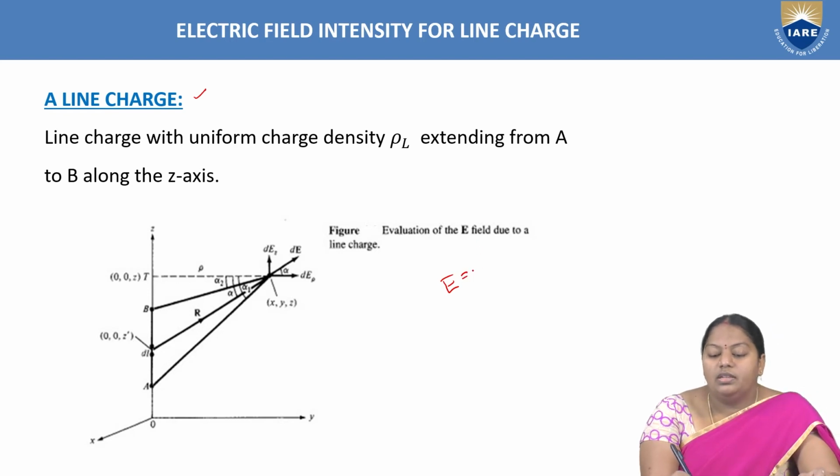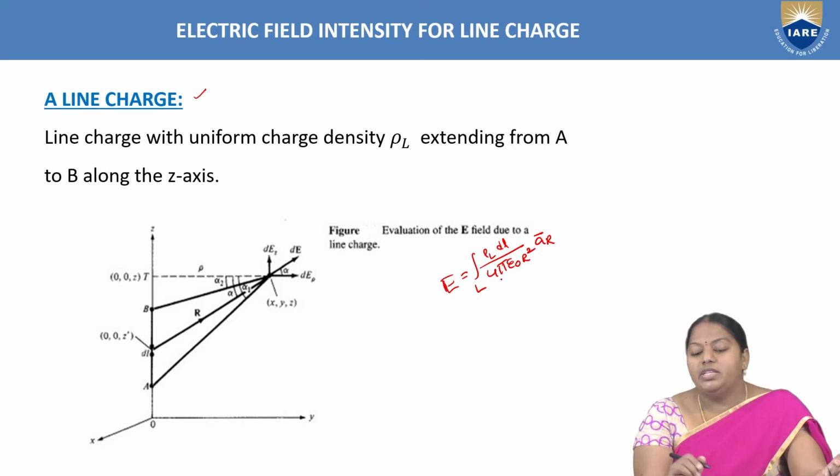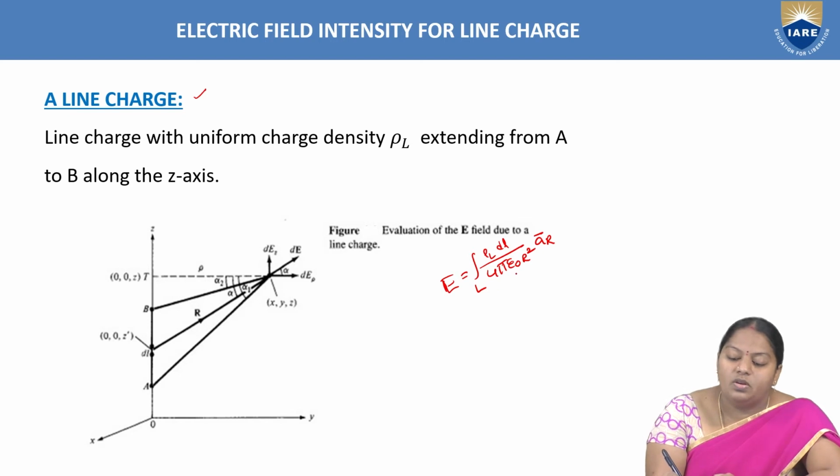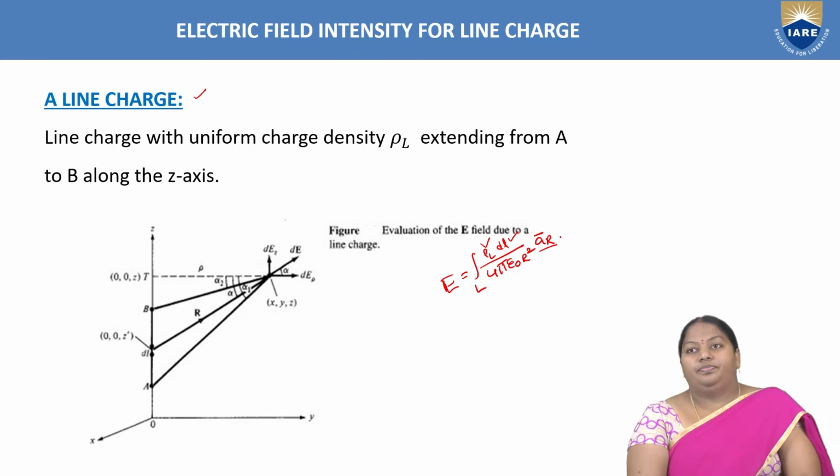Based upon that, we are going to estimate the electric field intensity E due to line charge. As we know, the equation is E equal to integral over L of rho L dl by 4 pi epsilon naught r square into AR. In order to evaluate this, 1 by 4 pi epsilon naught is a constant, and we are integrating with respect to the line, hence the differential element is dl, and the density along the line is rho L, the line charge density, and AR is the unit vector.